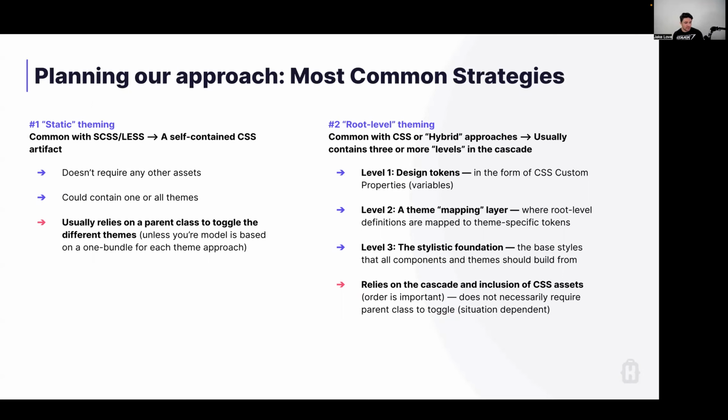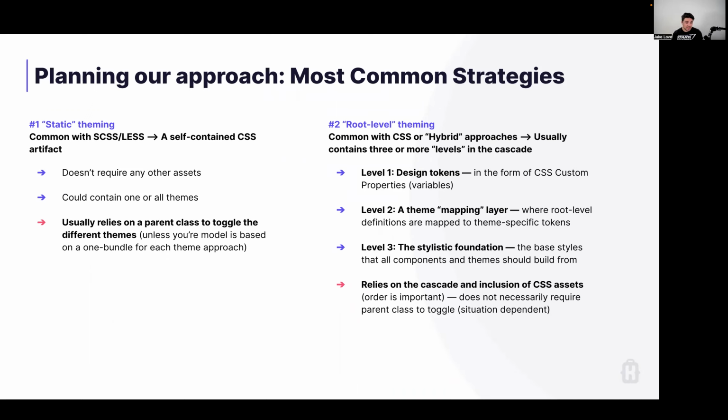The next one is root level theming, and this is what we're going to be showing off today. This is common with a CSS approach or a hybrid approach, and I'm calling it the hybrid approach if you're using a compiling tool like Sass or something like that, but you're still using CSS variables in order to accomplish your themes. Usually that contains 3 or more levels in the cascade.